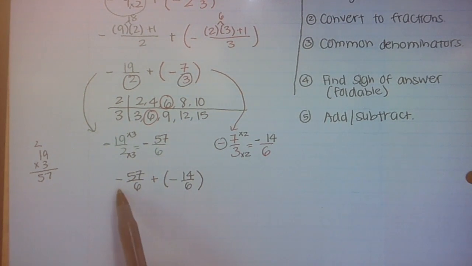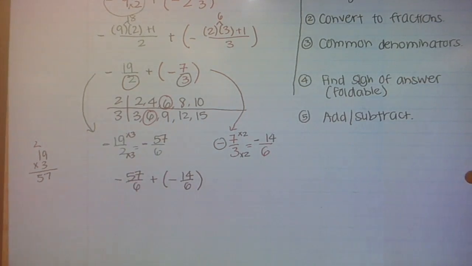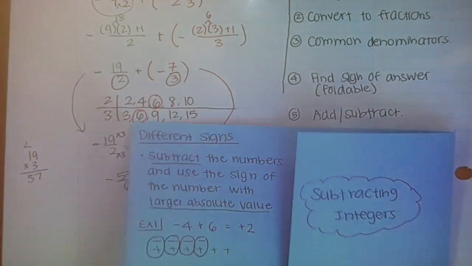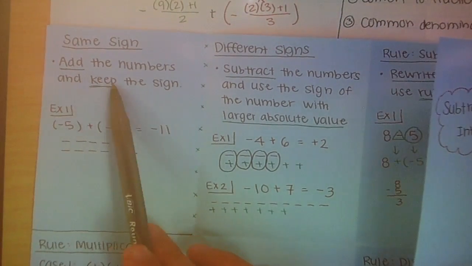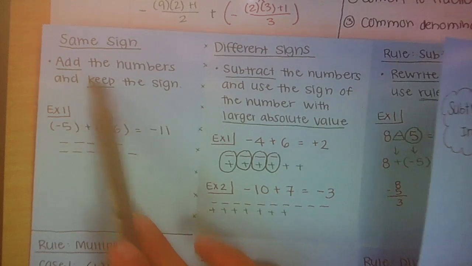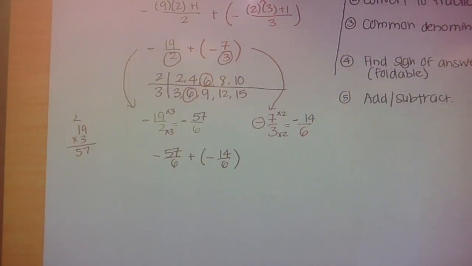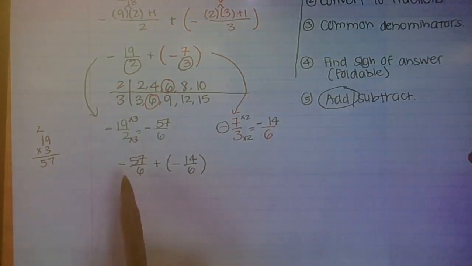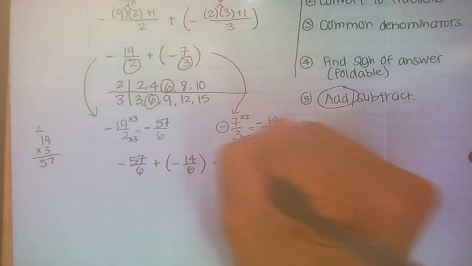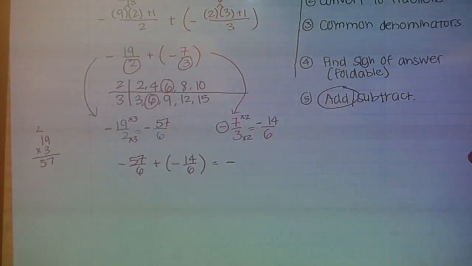They have the same sign, negative, negative. So I'm adding integers, and I see they have the same sign. So if they have the same sign, I add the numbers, and keep the sign. Add the numbers, keep the sign. So here I'm going to add, and this is negative, negative. I'm going to keep the sign, so the answer is still negative.